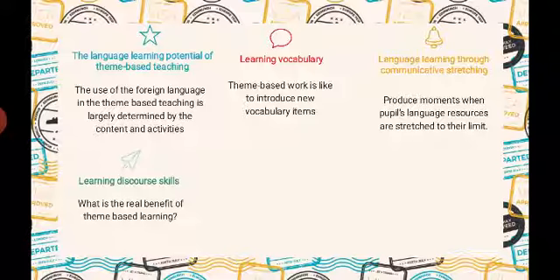So here, learning these core skills, what is the real benefit of team-based learning? The real benefit of team-based learning is that it offers a natural use of a wide range of discourse types, spoken and written, than is actually found in a coursebook.